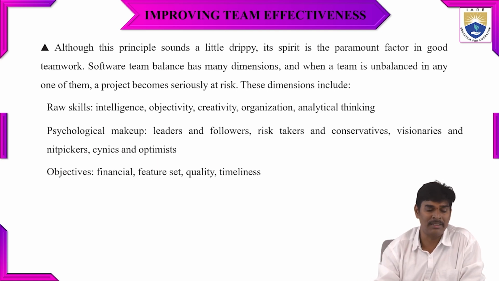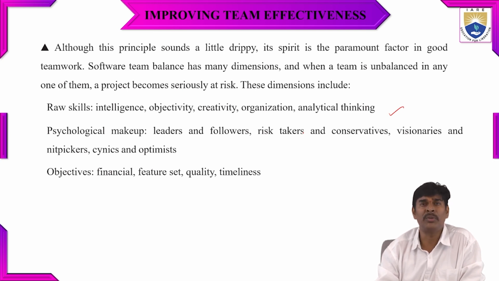One is raw skills. Raw skills are intelligence, objectivity, creativity, organization, and analytical thinking. While recruiting, we need to verify whether the person has intelligence, creativity, reasoning, and analytical thinking.